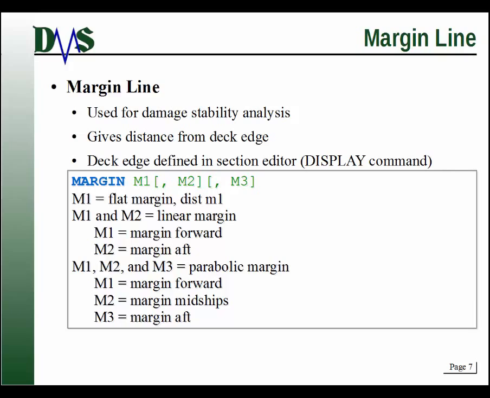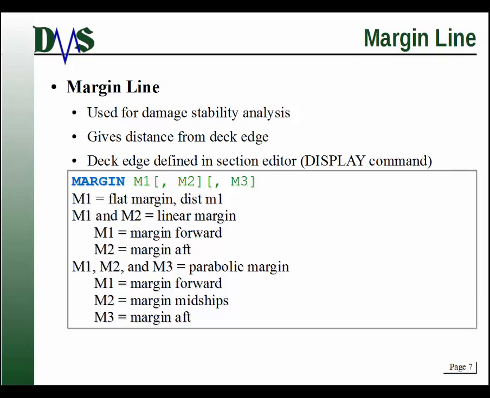The margin line is a margin for error, basically. In stability analysis, we don't want the deck edge to actually submerge underwater because you lose water plane area. So the margin line is the distance away from the deck edge. And when you start getting into a lot of the regulations regarding this, that separation distance actually gets smaller or larger at different sections along the hull, depending on what kind of a ship you have.